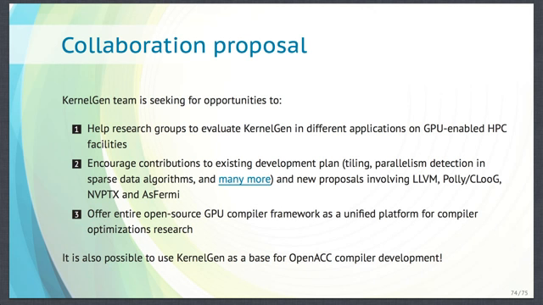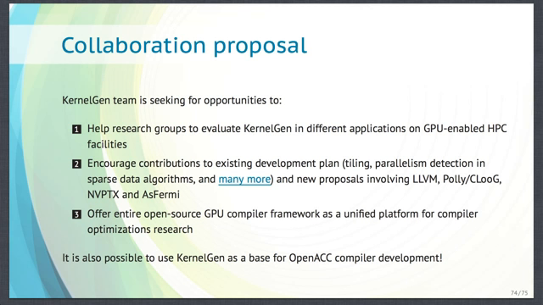For instance, if you have your code available for GPU, available for CPU cluster, we can help you to try it on KernelGen and deploy on some of HPC, high-performance clustering facilities. We also have our own small compute nodes, and you may try to evaluate there.